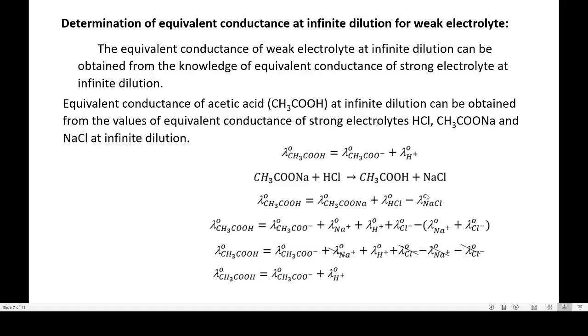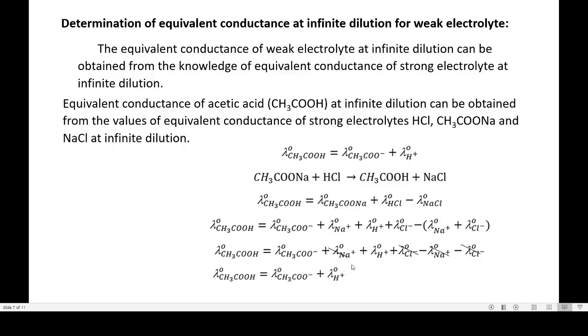For sodium chloride, it will be ionic conductance of sodium ion plus ionic conductance of chloride ion at infinite dilution. So after removing the bracket, it will be minus lambda naught Na plus minus lambda naught chloride ion.